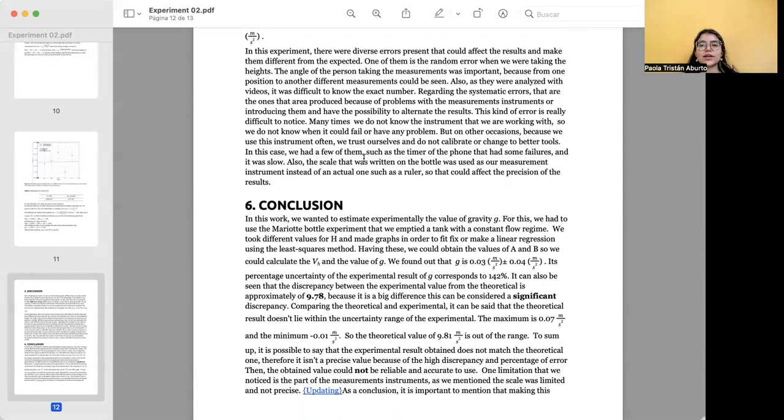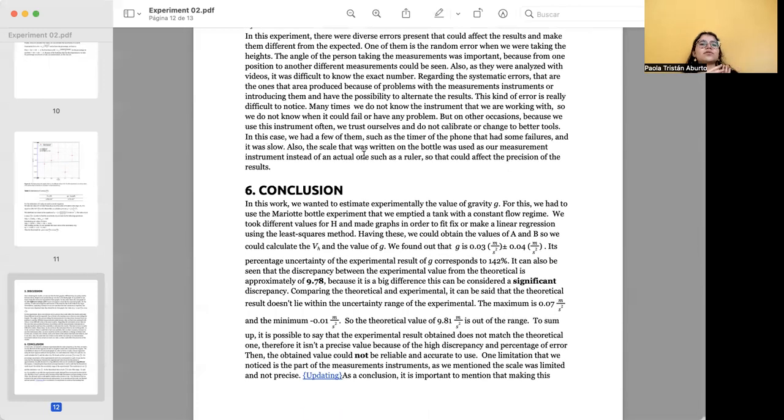Regarding the systematic errors, they are the ones produced because of problems of measurements, or if we introduce something that has a possibility to alter the results.